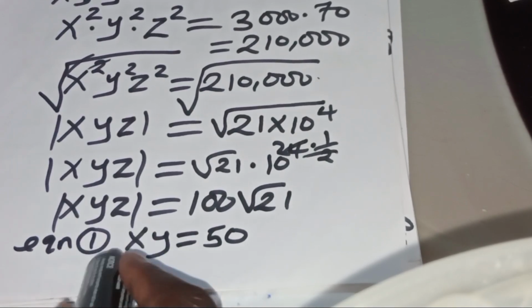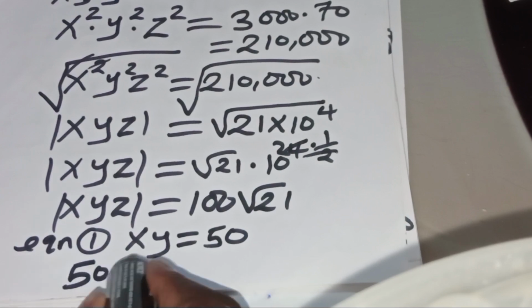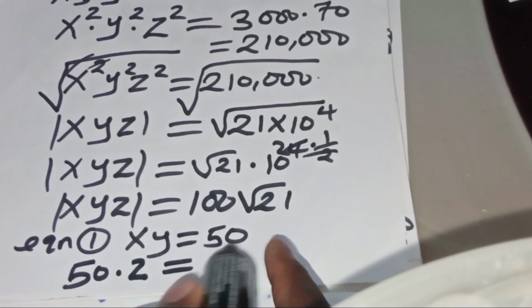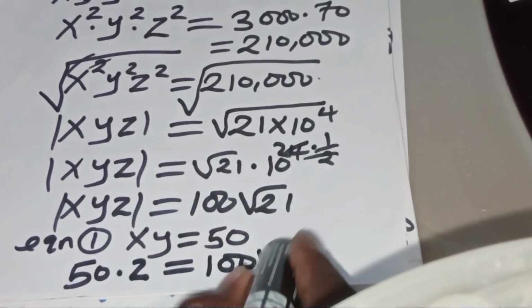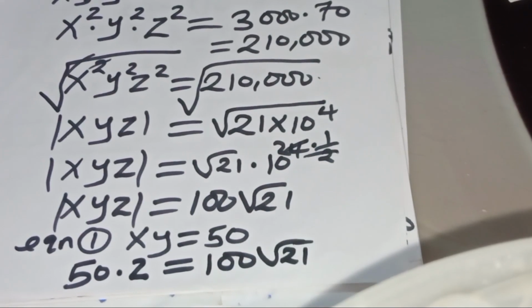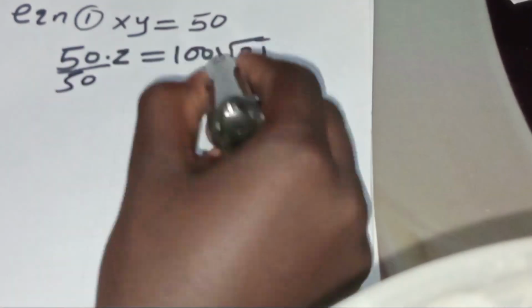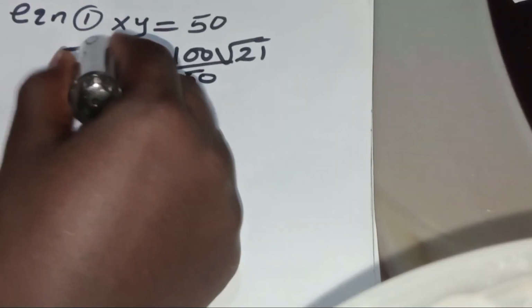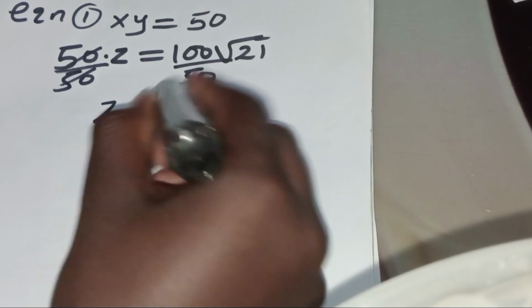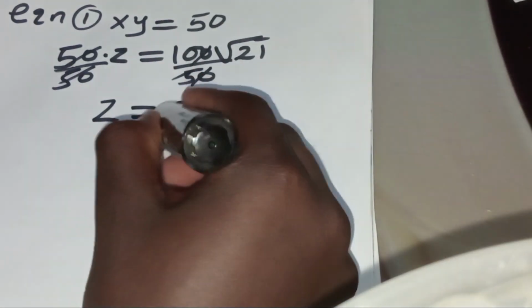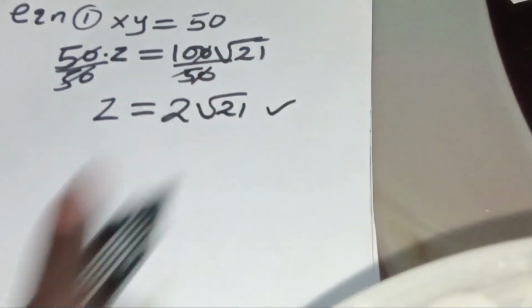We'll have 50 multiplied by z equal to 100 square root of 21. Let's solve for z first by dividing both sides by 50. So the value of z is equal to 2 square root of 21.